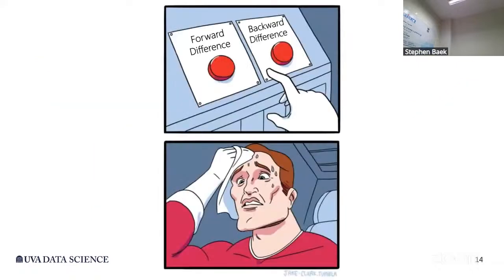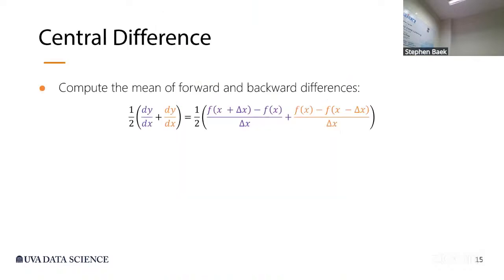Or if it's hard to decide between the two, you can just take the average of the two, which is called a central difference.